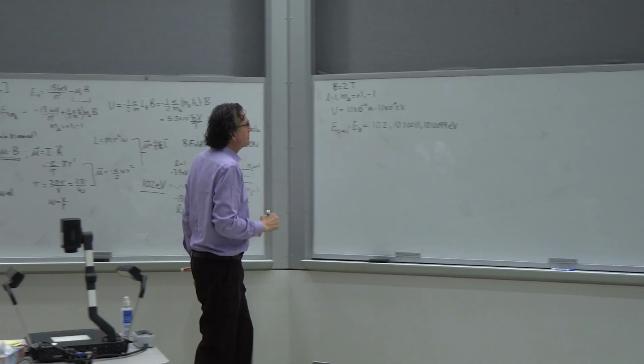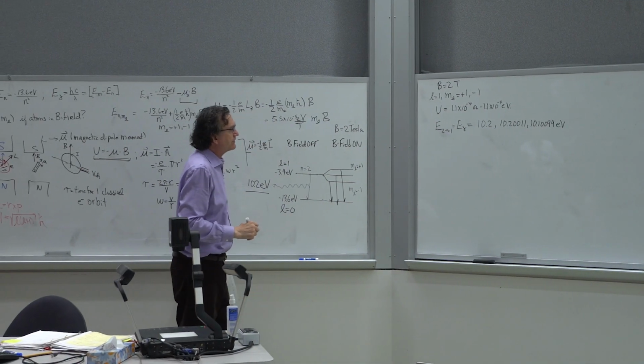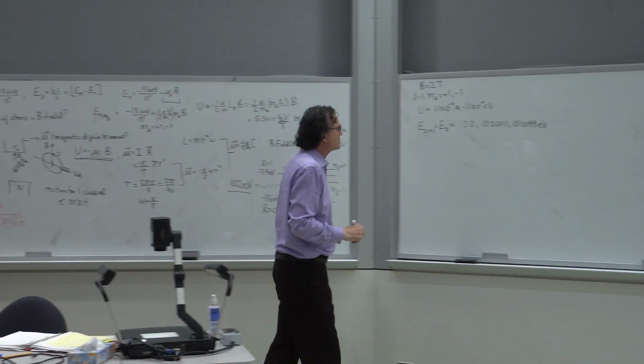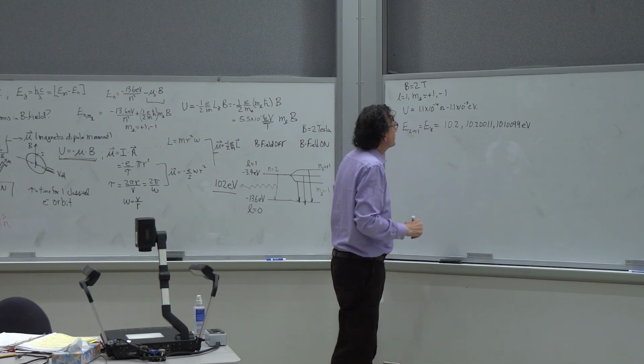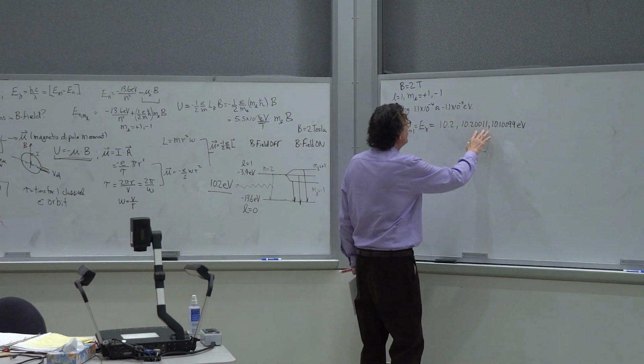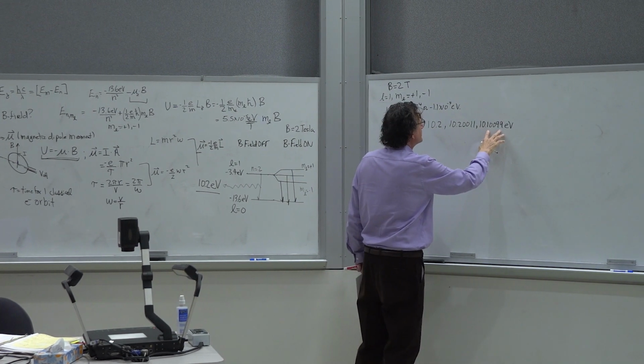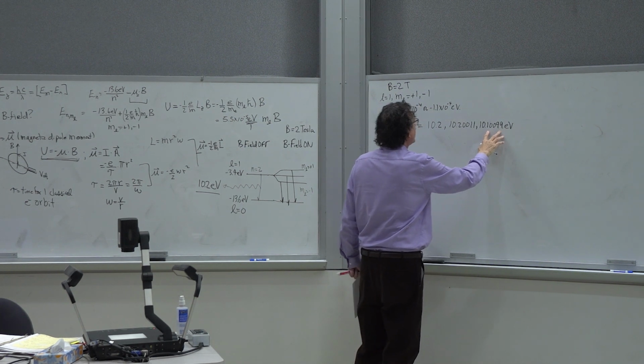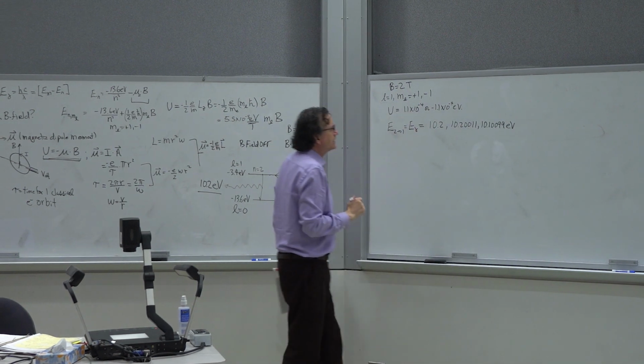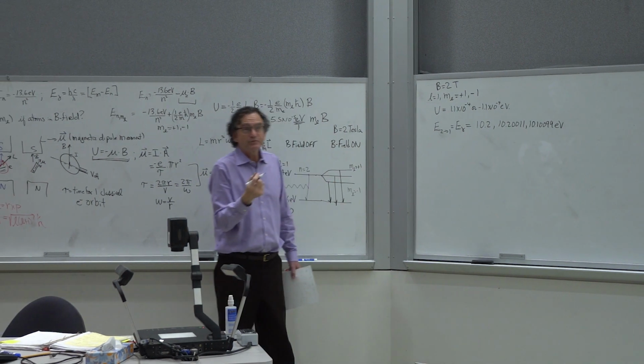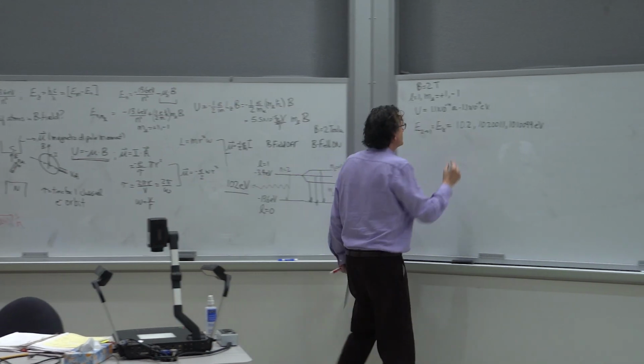And these may look like very small differences, and in fact they are. Now let me make sure I did the subtraction correctly, because it's a little bit hard to do this. Here I've clearly added 1.1 times 10 to the minus 4, I think I've done that right. Then I get 3 energies, and it's observable. So these energies are observed.